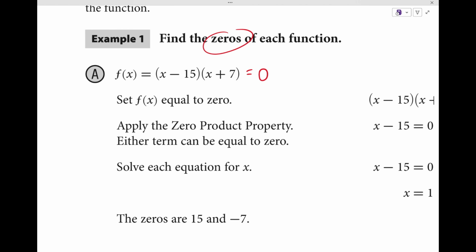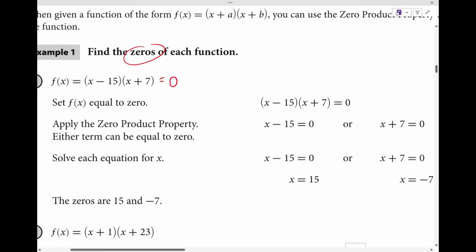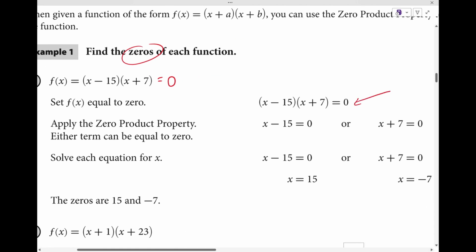So we set it equal to 0. They did it over here. They use the zero product property to show that either this term has to be 0 or this factor has to be 0. So they considered both possibilities. Number 1, x minus 15 equals 0.